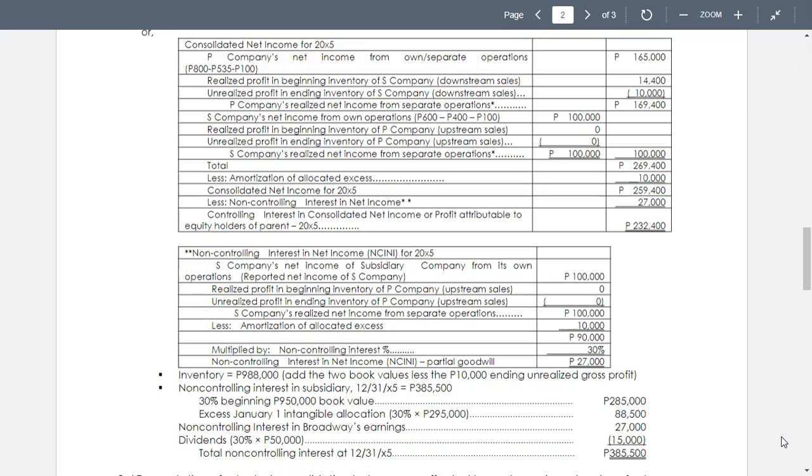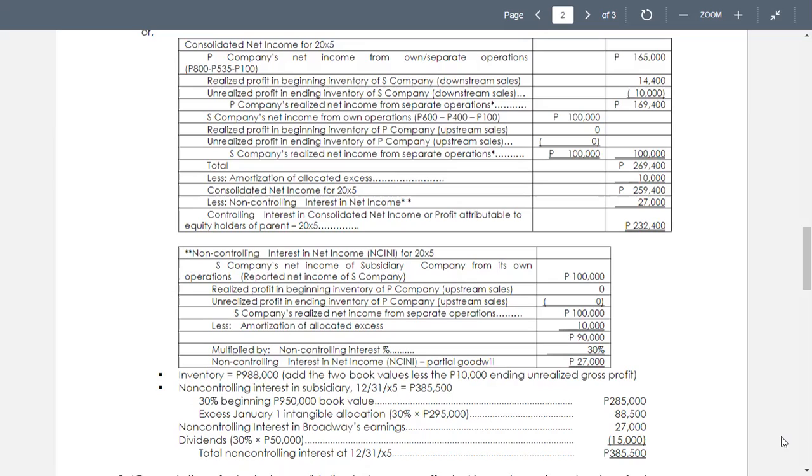So that's equal to 998,000. But we have to deduct the unrealized gross profit of 10,000. So we get 988,000. That's for the inventory.